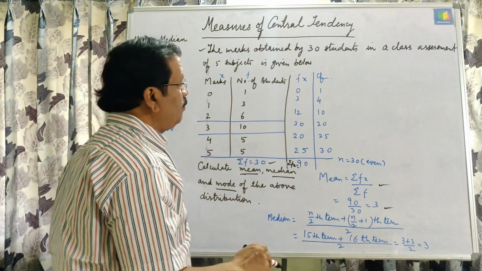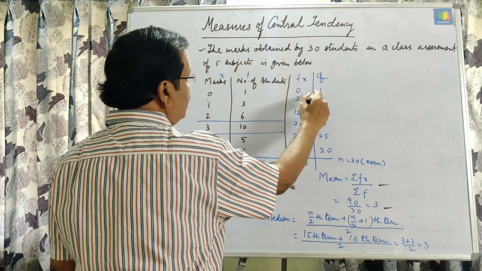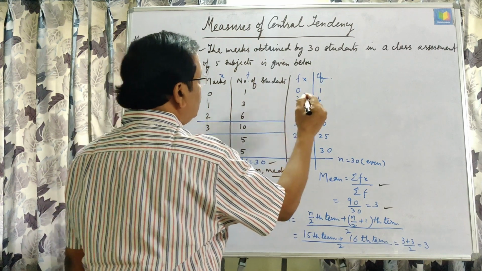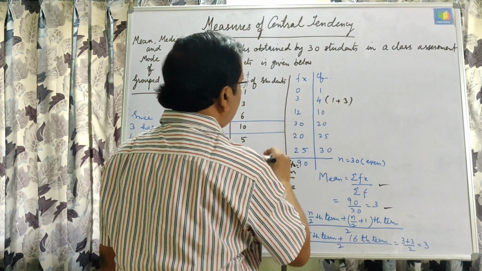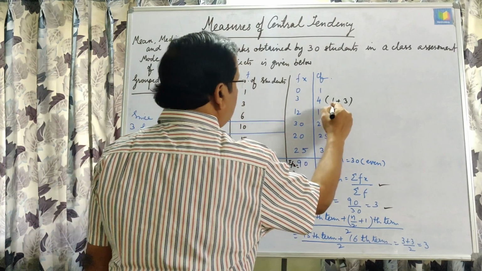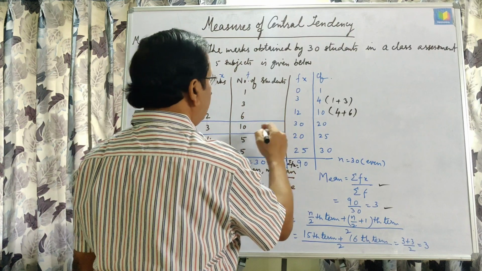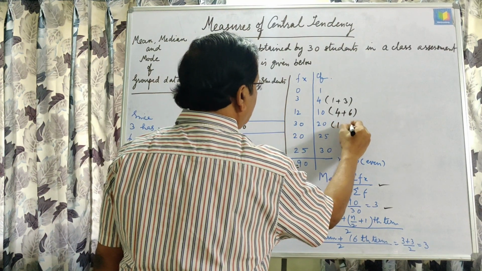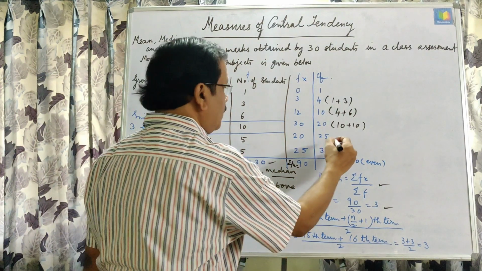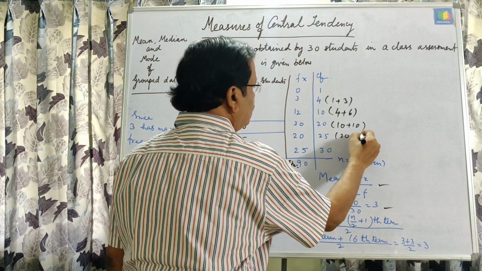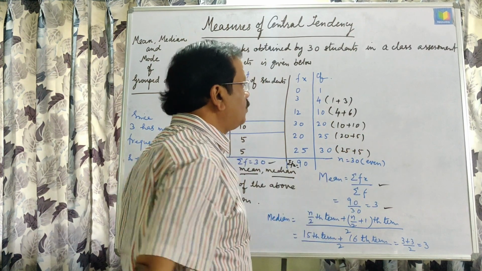How can we find the cumulative frequency? 1 will be written as it is, then this 1 will be added with 3, 1 plus 3, we are getting 4, then 4 plus 6 is 10, and then 10 plus 10, we are getting 20, and then 20 plus 5 is 25, and 25 plus 5 is equal to 30.